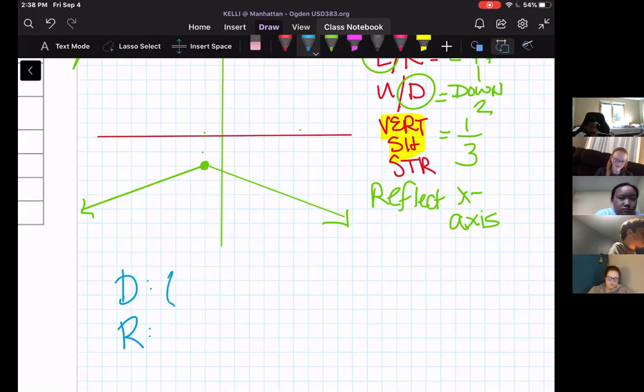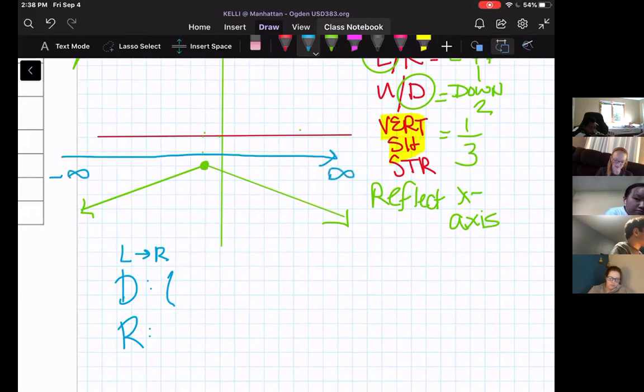And like I said, for our domain, we're talking left to right. And if I'm looking left to right, we're starting at negative infinity and we're moving to positive infinity. This graph keeps going in both of those directions. So if I was asking you that, this is how it would be written.